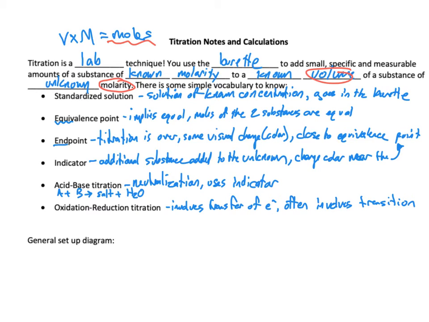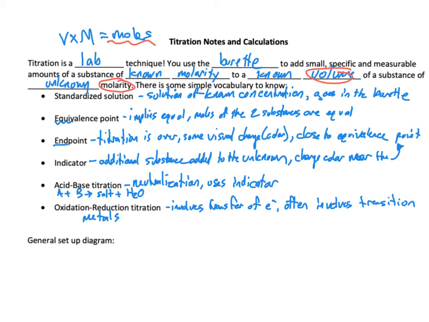And the reason it's important to know that it involves transition metals is for two reasons. Number one, it is our transition metals, those guys that require the Roman numerals in the name. Those are the ones that can have multiple oxidation numbers, number one. And number two, transition metals change color.